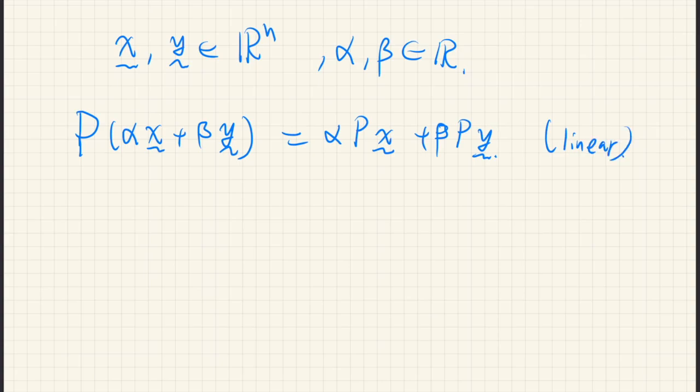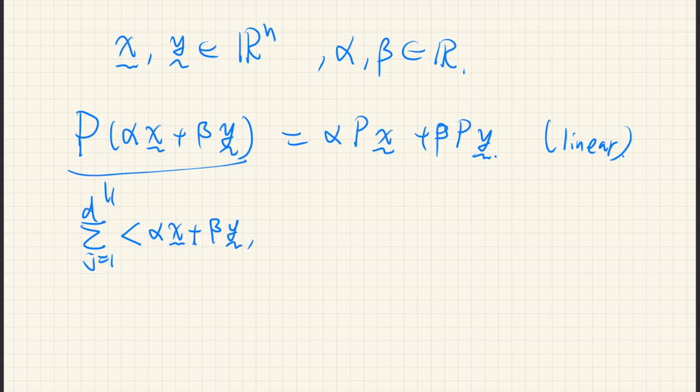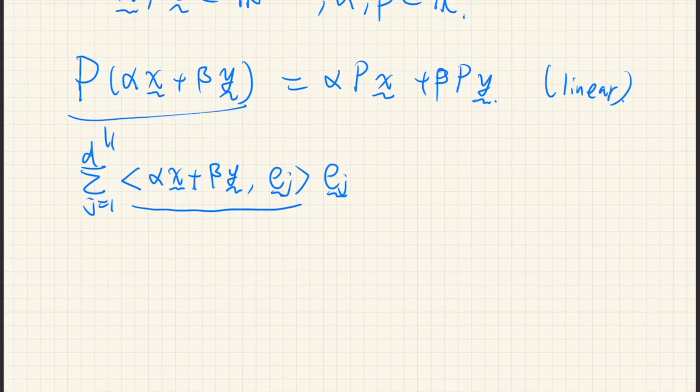So let's show this. According to the definition, this is equal to the sum over j from 1 to d of the inner product of alpha x plus beta y with e_j, times e_j. But this inner product is a linear operation.